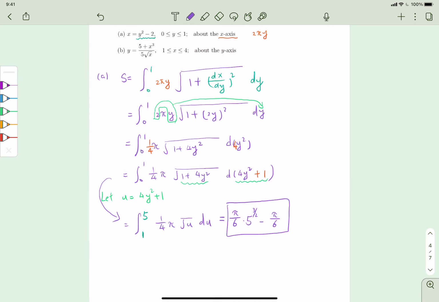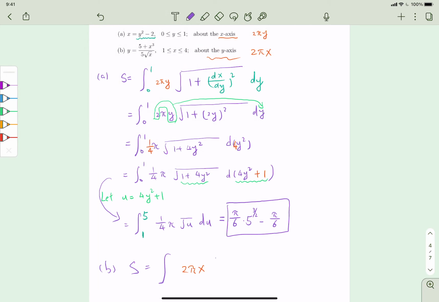After this, let's go to question B. Integration is equal to, this is about the y-axis, right, the rotation. So I need 2 pi x here, so I write 2 pi x.